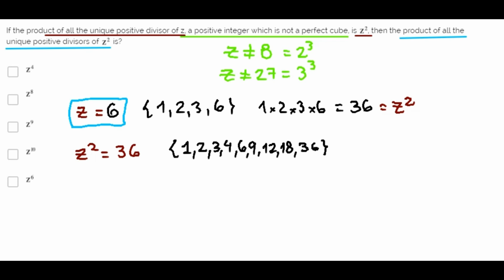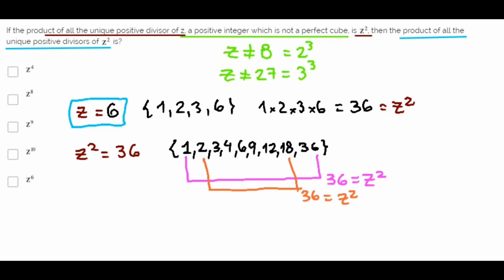Now, to have all the factors of 36, we can find the products of all of them in terms of z, because see that all alternatives are in terms of z. So we can do the following. 1 times 36 is 36, or z squared. 2 times 18 is 36, z squared.